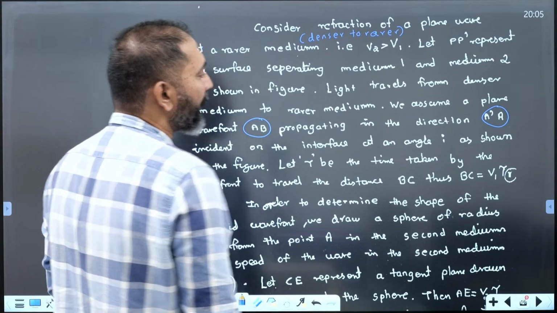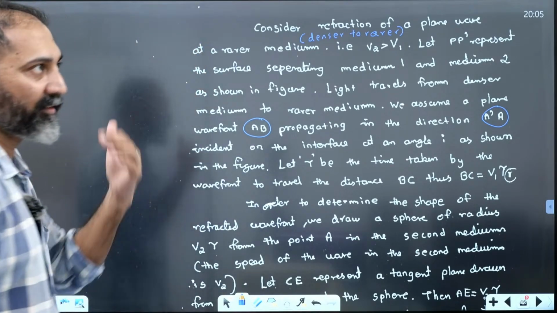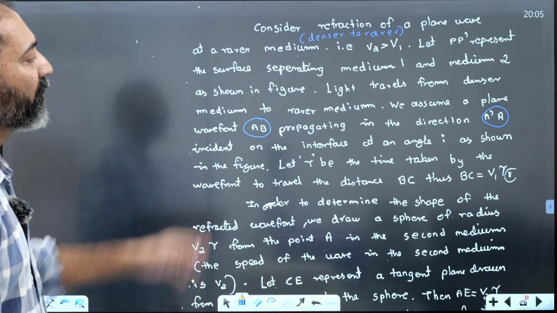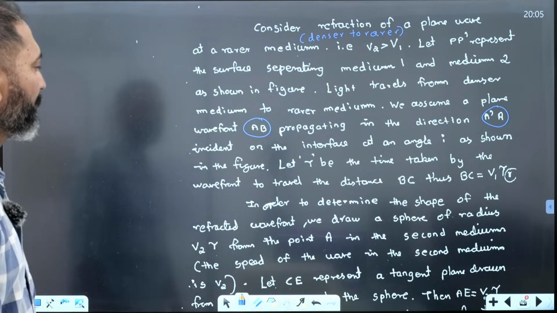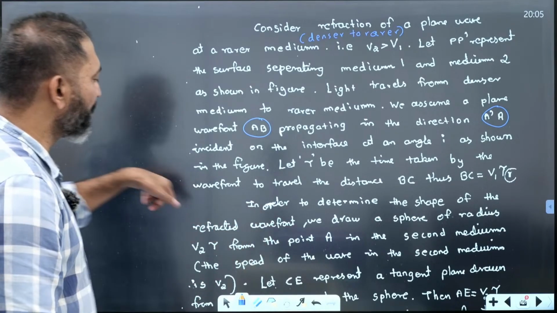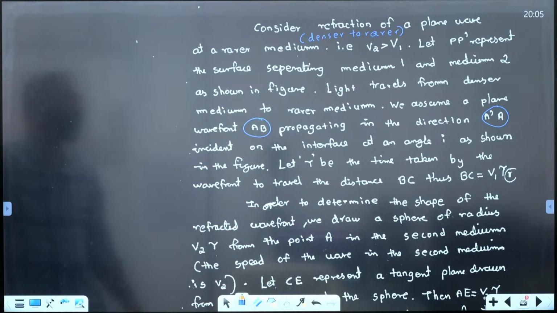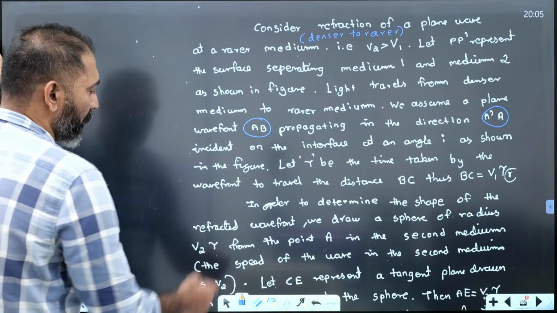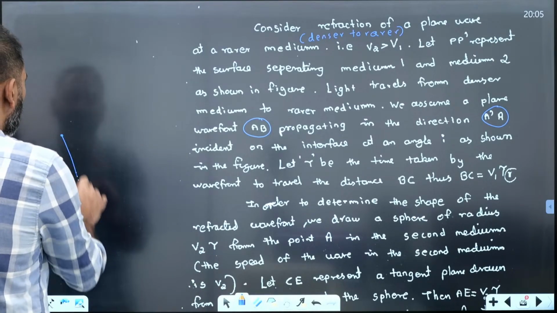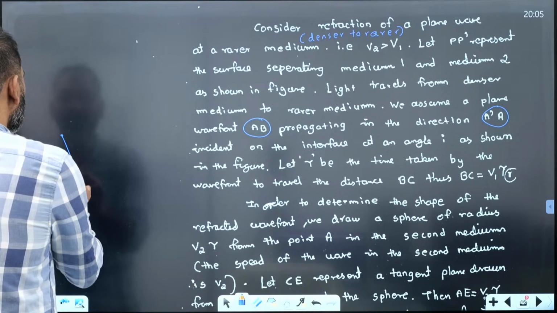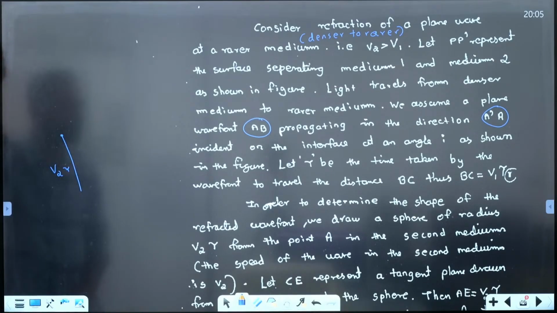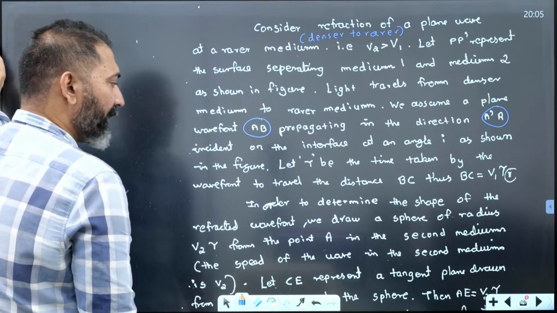Let tau be the time taken by the wavefront to travel the distance. Then BC is equal to v1 tau, equation number 1. In order to determine the shape of the refracted wavefront, we draw a sphere of radius v2 tau from point A in the second medium.